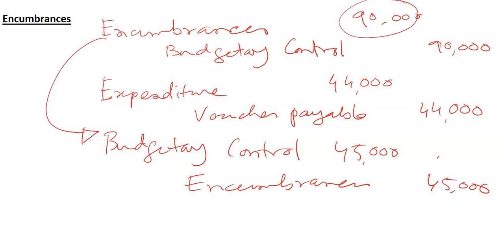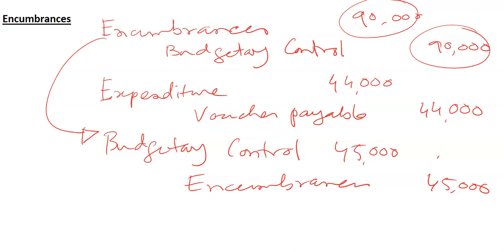So we still have $45,000 remaining in these encumbrances and budgetary controls, so we will eliminate or close that first. Although we didn't buy the truck, we can carry forward that money which is still remaining as a fund balance from 1 year to another year.